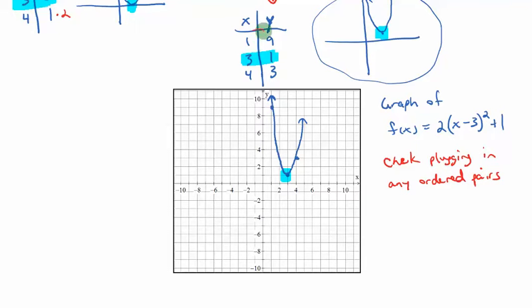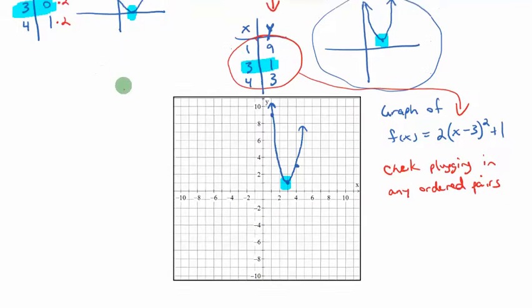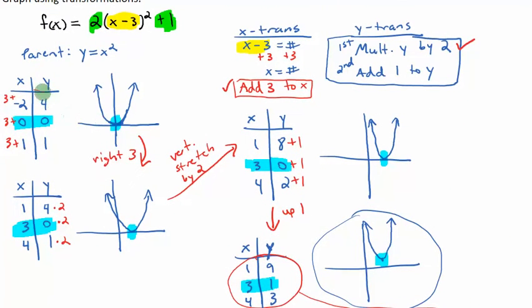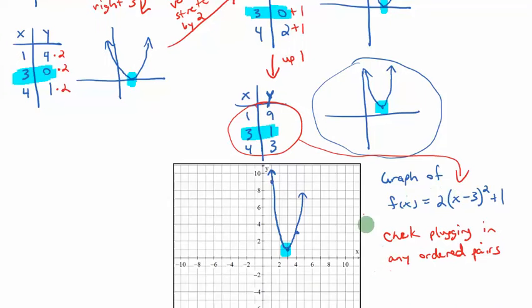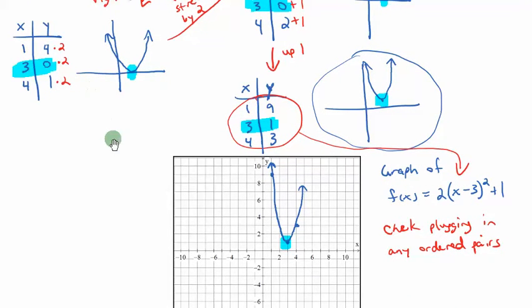So these final ordered pairs make this equation true. And the original ordered pairs, by the way, these guys made the parent equation true. Okay, so make sure you understand that. Parent equation changes into this transformed equation as you do your transformations.